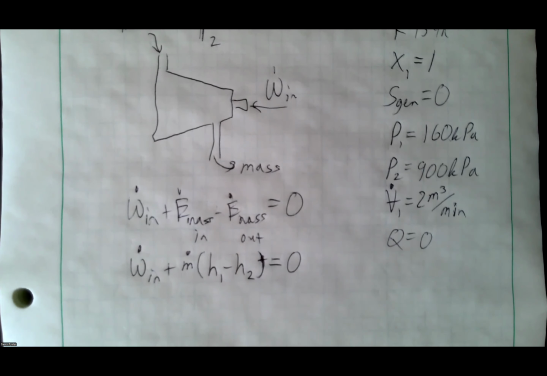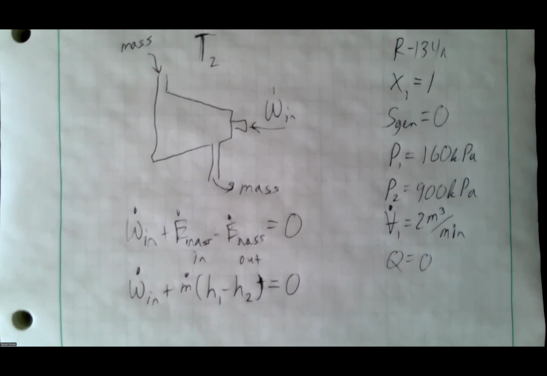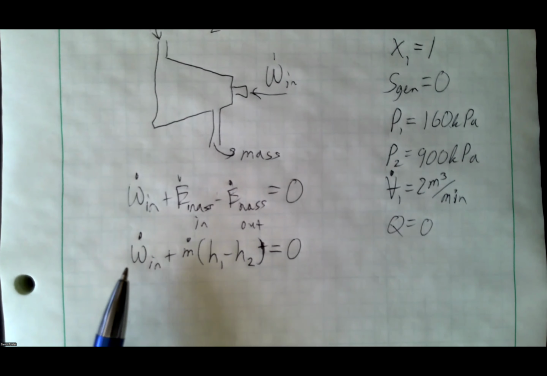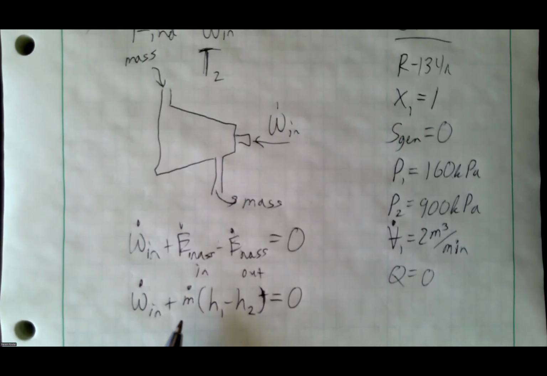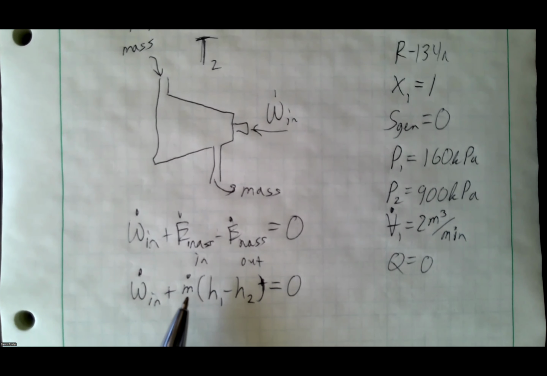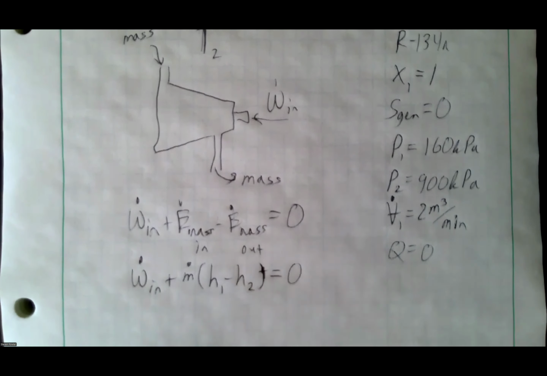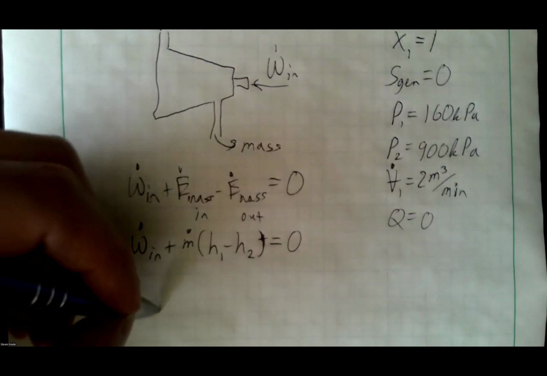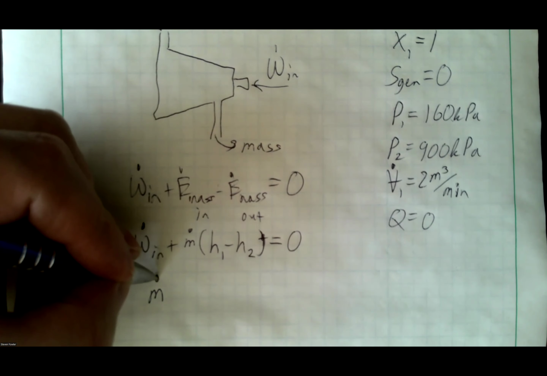And if we go through and look and say, all right, well, can we solve this? I'm looking for the power input. Right? That's this guy. Is that my only unknown here? Well, I don't know. Do I have M dot? I don't have M dot. But I do have the conservation of mass as normally a very good way of getting to that.